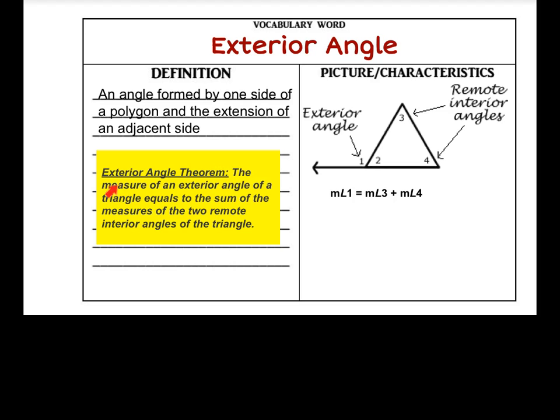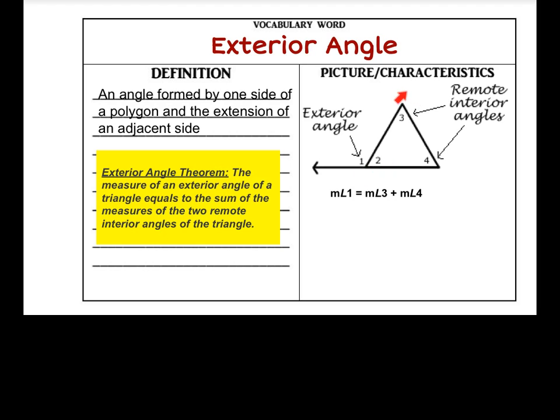And then the exterior angle theorem says that the measure of an exterior angle of a triangle is equal to the sum of the measures of the two remote interior angles of the triangle. The two remote interior angles of this triangle are the angles that are the furthest away from your exterior angle, the ones that are not sharing that same vertex as your exterior angle.